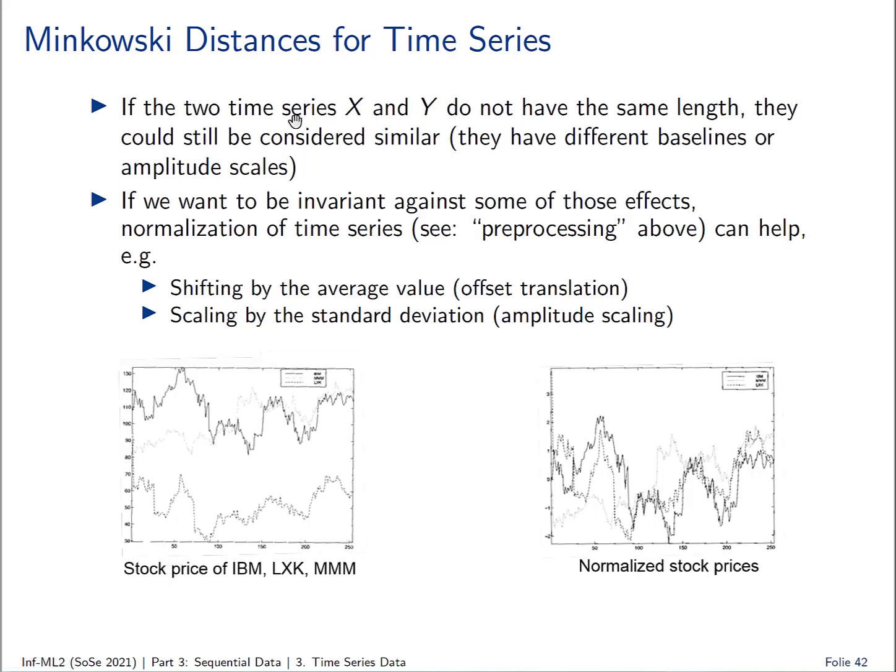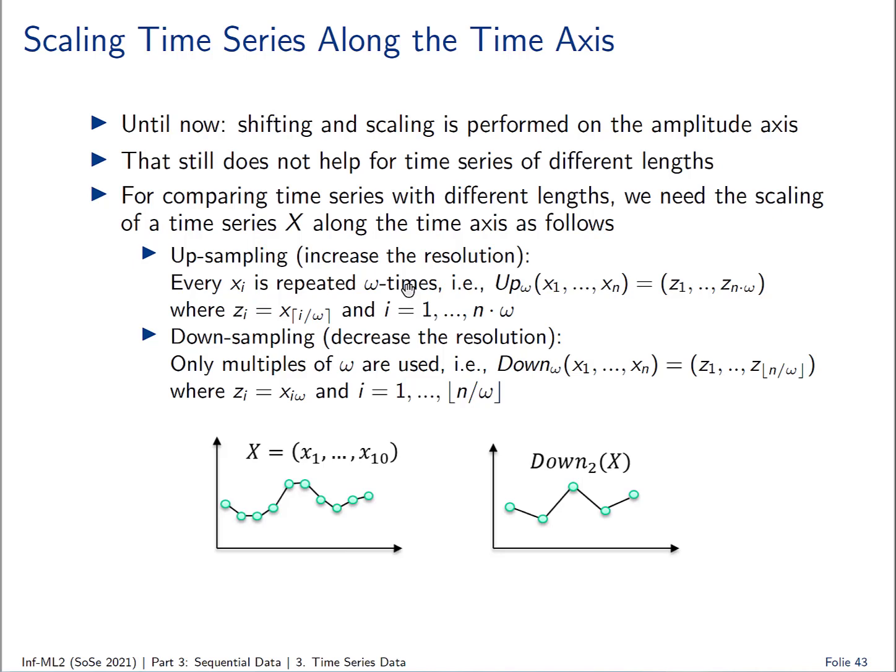First of all, if we have time series that do not have the same length but different lengths, of course we can also do some kind of shifting or scaling along the time axis. The easiest way here is so-called upsampling or downsampling, in order to compare time series with different lengths. Upsampling, meaning increasing the resolution, is okay.